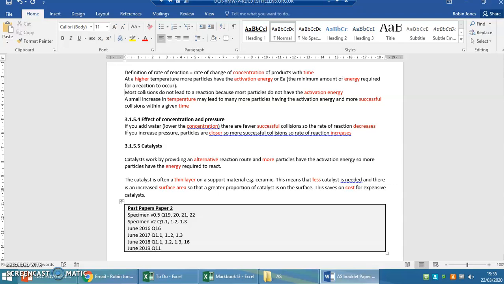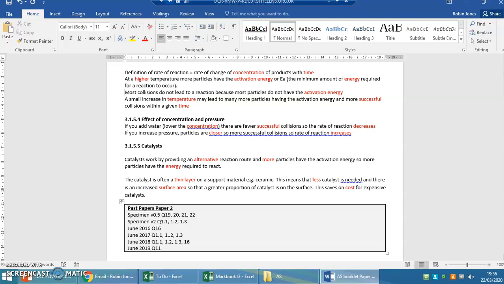So temperature is key. Concentration will increase the number of collisions and increase the rate, but temperature has a much higher effect because by increasing the temperature, you've got particles with the required activation energy, and therefore you're going to get successful collisions. Effect of concentration and pressure. If you add water, lower the concentration, there are fewer successful collisions.